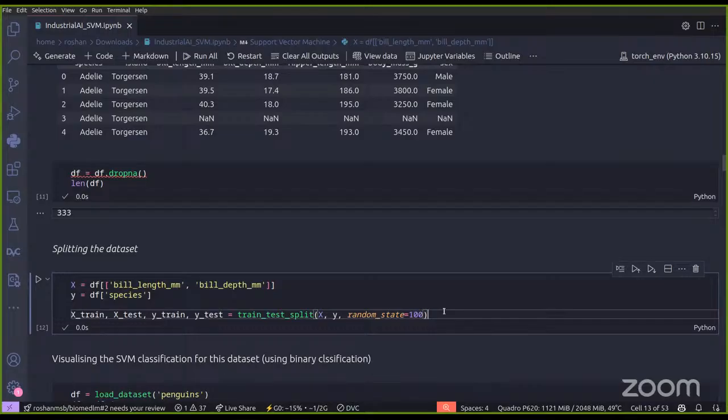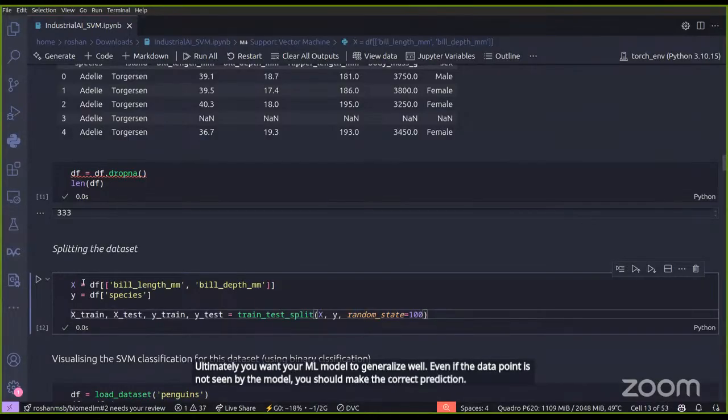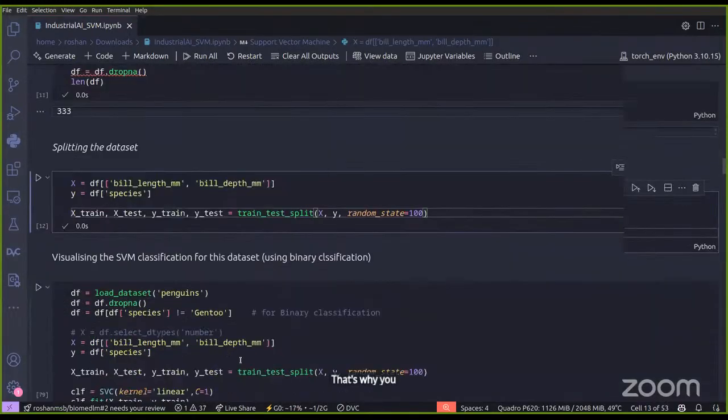So what you're doing here is exactly that. You want to keep a test set that the model has never seen before to evaluate its performance properly. Ultimately, you want your ML model to generalize well. Even if the data point is not seen by the model, it should make the correct prediction. That's why you're making this train test split. Okay.